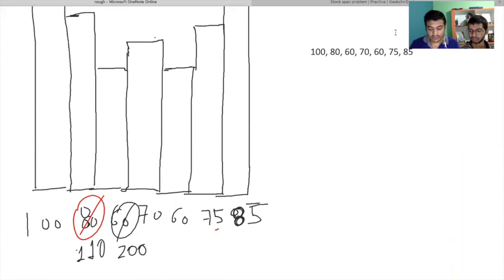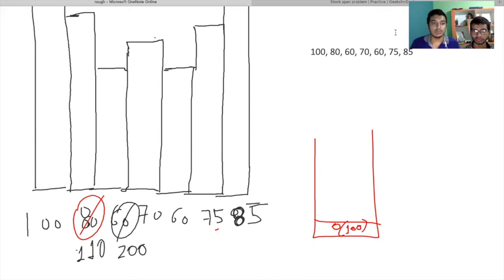As convention, we are going to push the first element into the stack. Actually, we do not push the elements, we push the indexes of the elements into the stack. So 0, and in brackets I'm writing 100 for reference. Okay, so it is default. Now iterating from index i equals 1 to the last, our first element is 80.